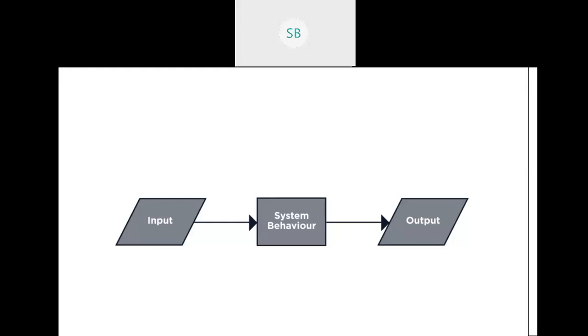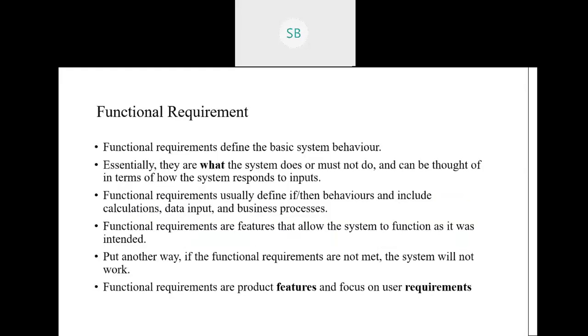This is one of the features, right? The student should be able to view the assignment that the teacher has given and also submit the assignment. So this is the functional requirement. Basically it focuses on what the system should do and must not do, and can be thought of as how the system responds to input.